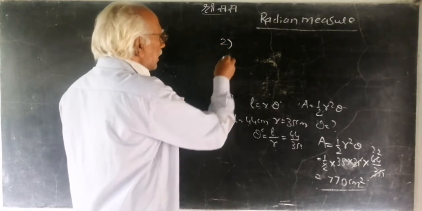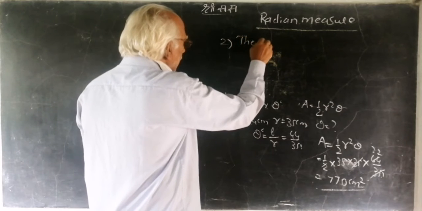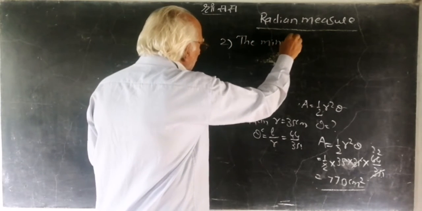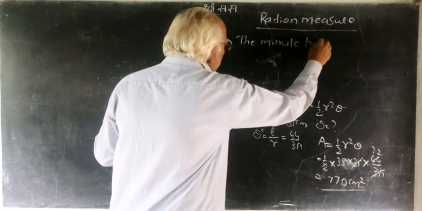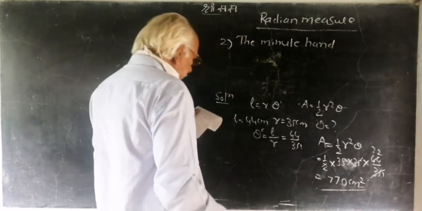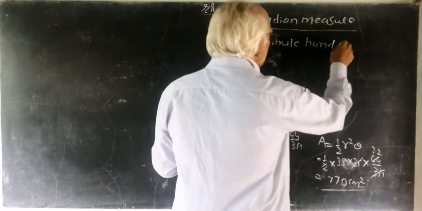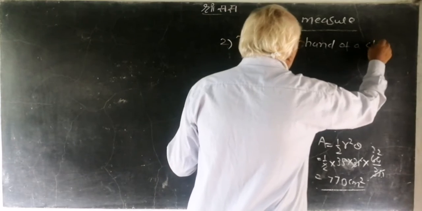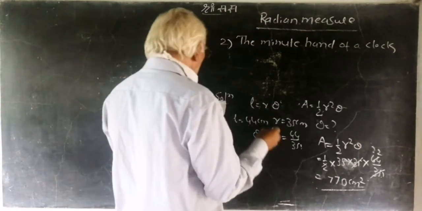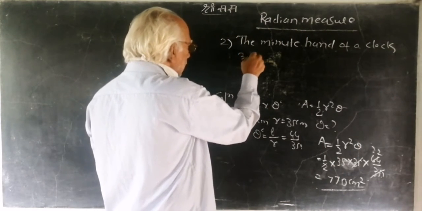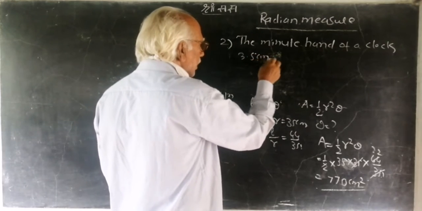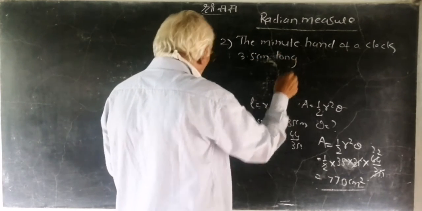The minute hand of a clock is 3.5 centimeters long.